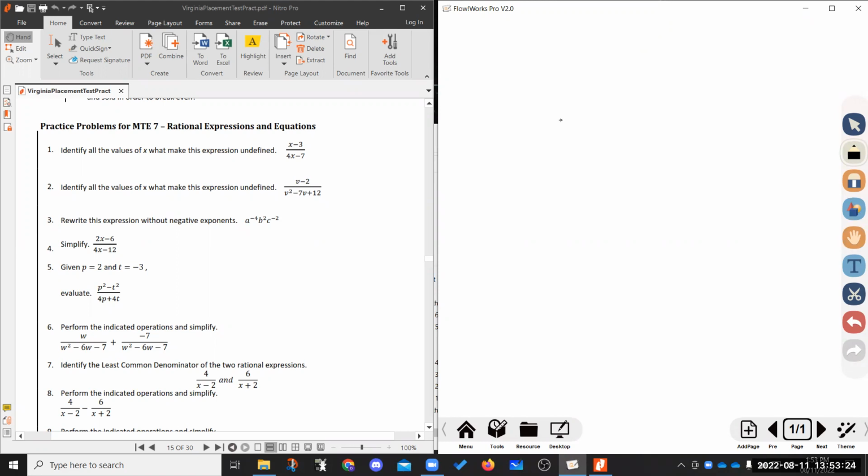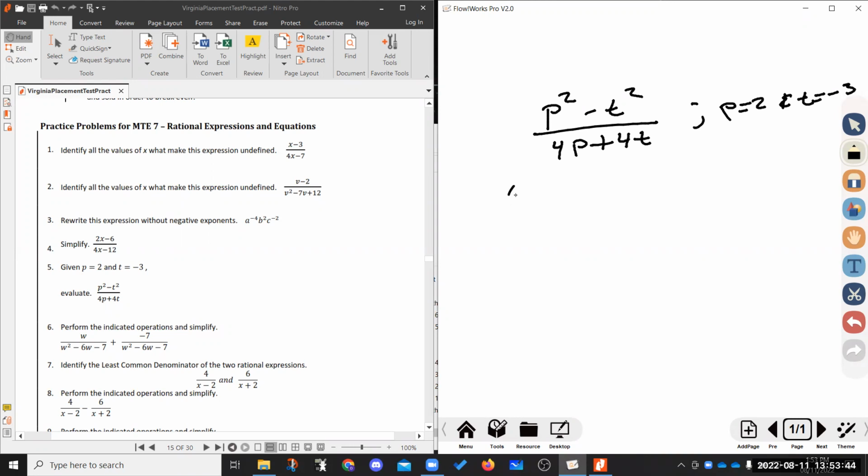Now we're going to evaluate the expression here, p squared minus t squared over 4p plus 4t, given that p is equal to 2 and t is equal to negative 3.